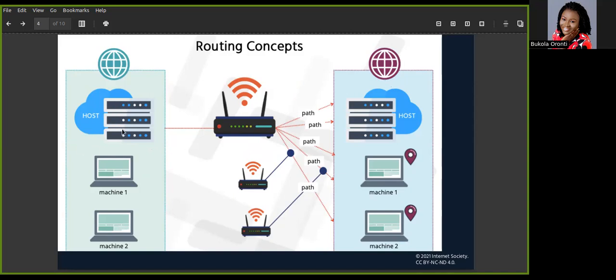So this is an example of the blue network and the purple network. Machine 1 needs to send information to machine 2 in the purple network. The first router here is directly connected to the blue network.